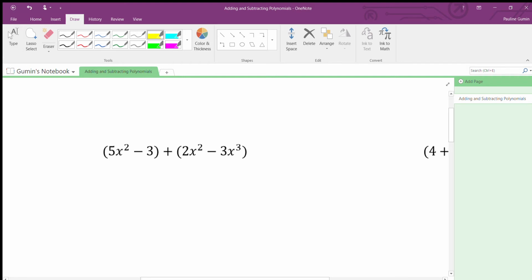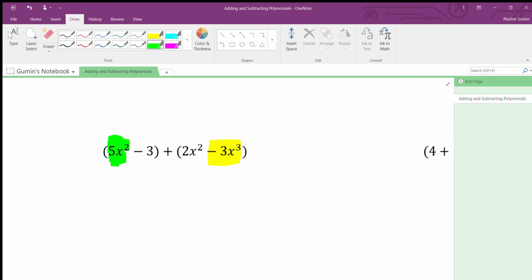Let's get started. I like to begin with the highest exponents because you will eventually need to organize your polynomials in descending order, meaning largest to smallest exponents. All right, so the largest exponent I see here is x to the third. I don't see any other x to the third, so I'm moving on to x to the second.